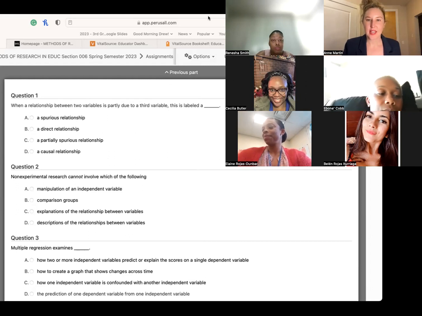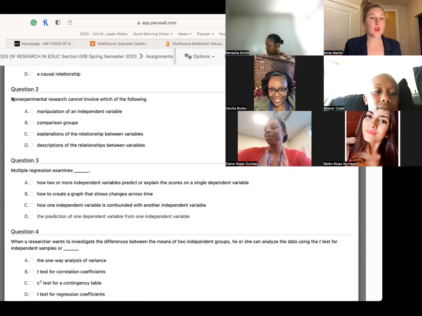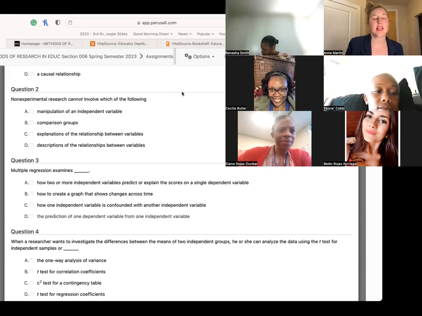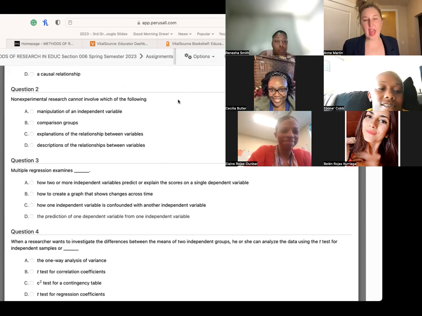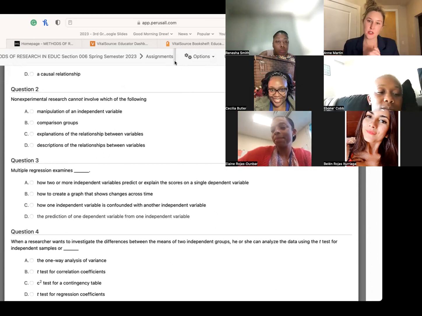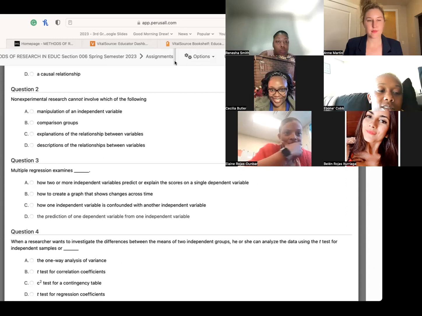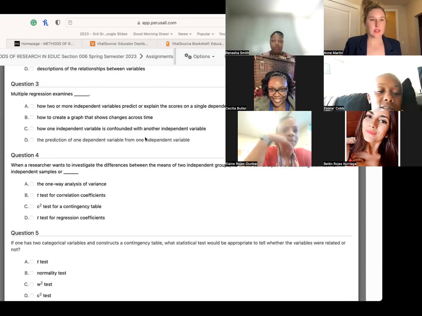Exactly. Okay, so non-experimental research cannot involve which one? A, exactly. So instead of manipulating, it's trying to understand the relationship between the variables. Okay, multiple regression.